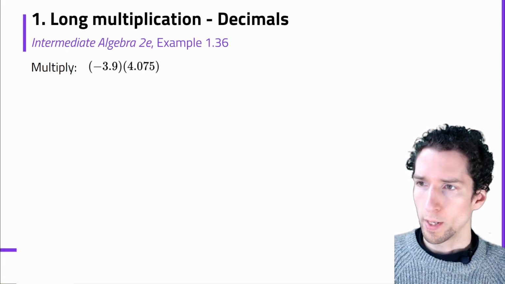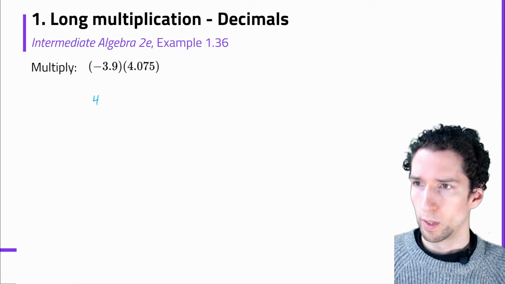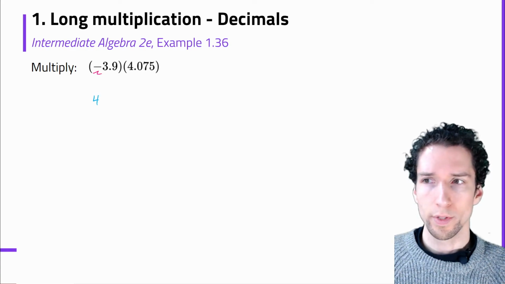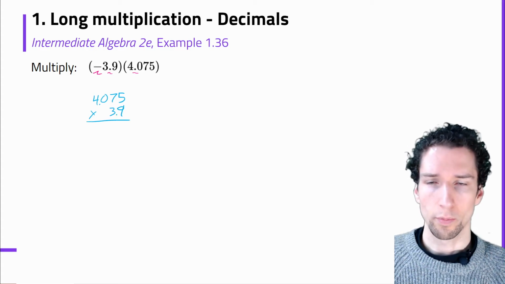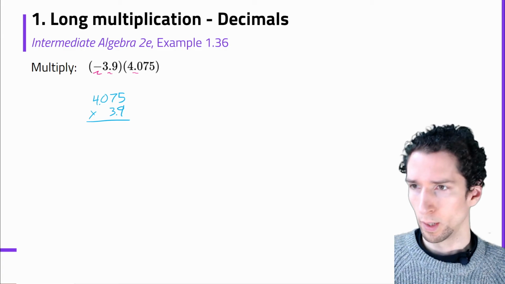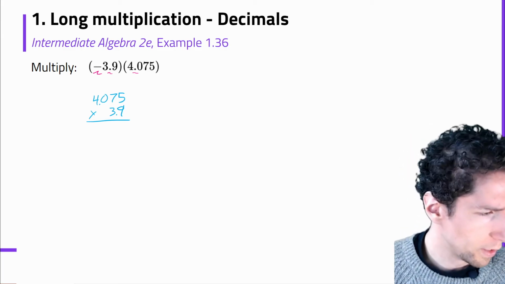So the process where we will first ignore the negative sign in front and we will ignore the decimals. So 4, 0, 7, 5, and 3, 9 here. We can kind of write in the decimals, but while we're doing the multiplication, we're going to sort of pretend those decimals don't exist.